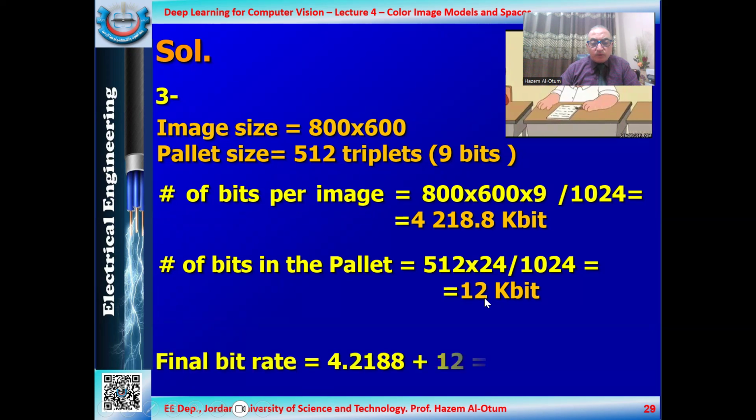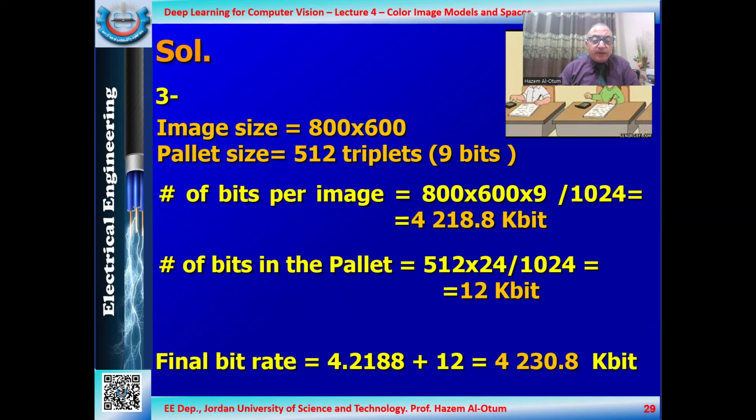Now, what is the final bit rate? What is the final total size? We have the number of bits per image, 800 by 600 by 9. Why by 9? Because we replaced 24 bits by 9 bits from the table.